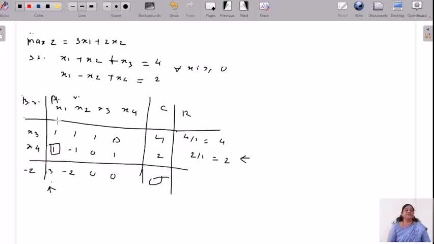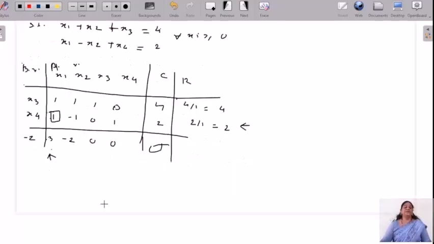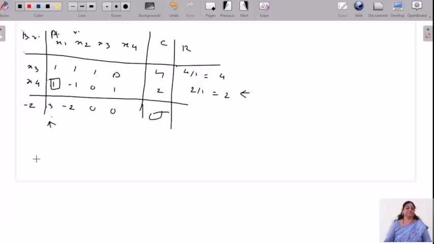Here x1 is the entry variable and x4 is the exit variable. Therefore our table is as follows: basic variable, admissible variables x1, x2, x3, x4.